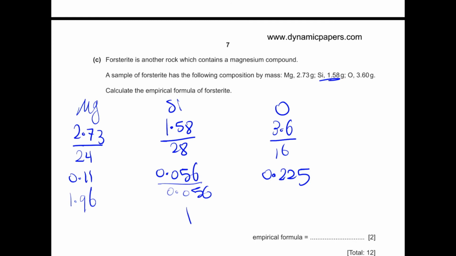And for oxygen, 0.225 divided by 0.056 gives us 4. So we have 2 here, that's rounded to 2, 1 here, and 4 here. So it's Mg2SiO4.